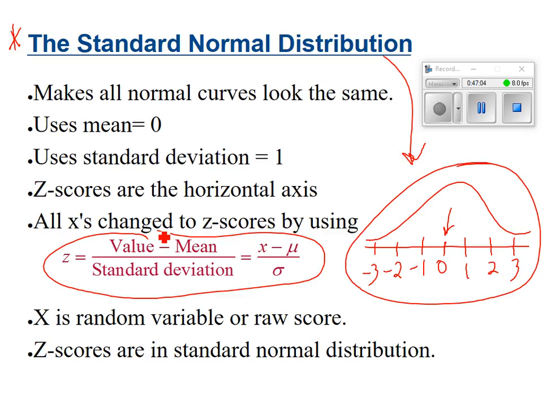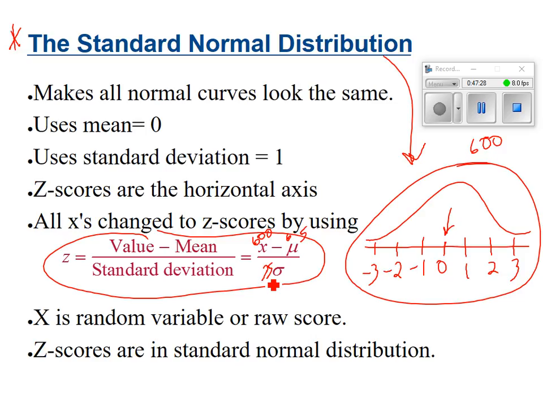The 0 here would match up to our 675 on the other one. Each one of these spaces would match up to the 35 on the other one. And then we could take that 600 and stick it in right here for x, minus 675, divided by 35, do all that, and we could figure out where it's going to fall on this.